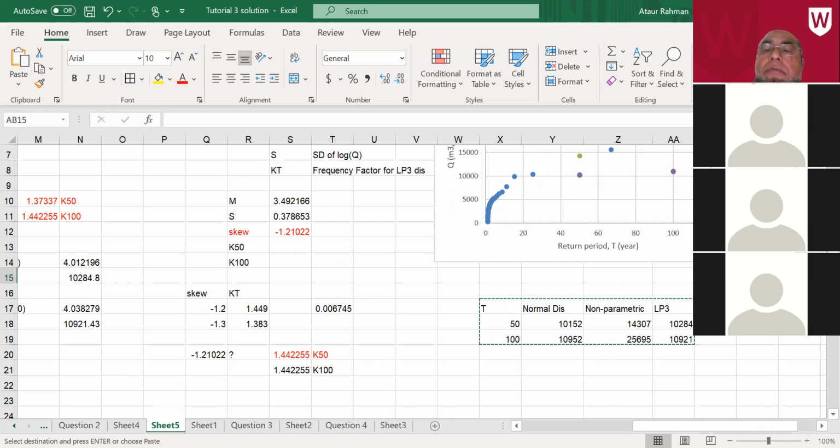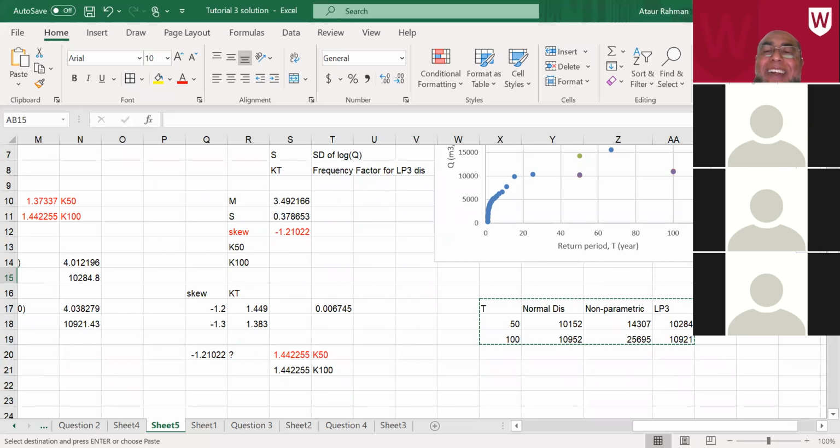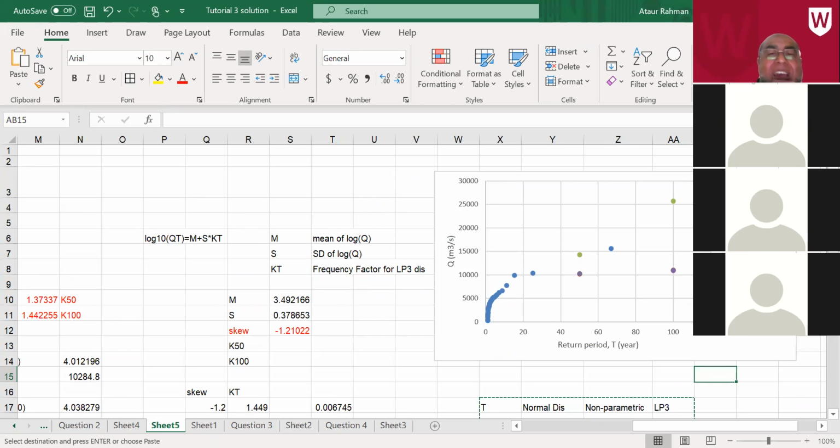It is concurrent with the LP3, is that right? Yeah, it's been covered because they're very nearby, which is wrong. So that's why you see LP3 and normal distribution making very similar values, which is generally unusual. But anyway, this is the way that you prepare a flood frequency plot.